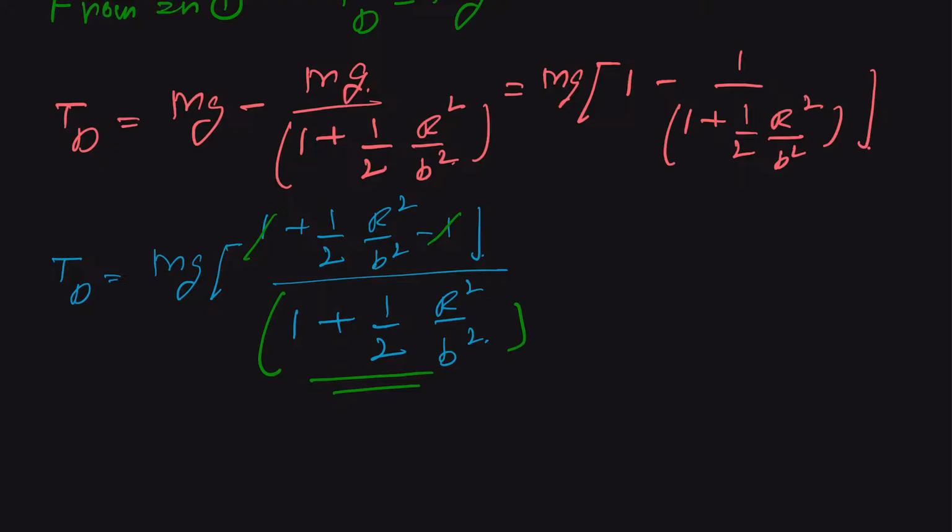So LCM will be 2b square, so this comes as 2b square plus r square, and 2b square and this 2b square cancel out each other, so we get mg r square over 2b square plus r square. So this is the tension during the descent.